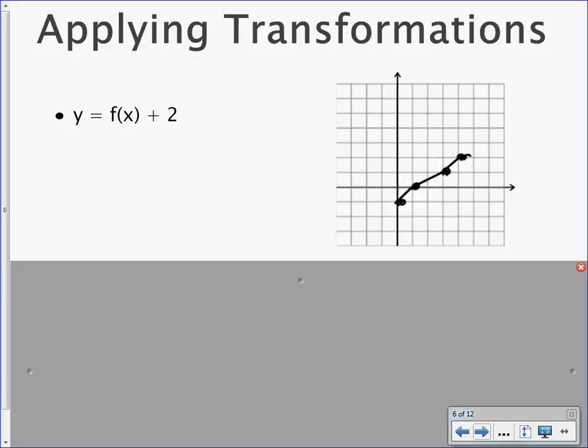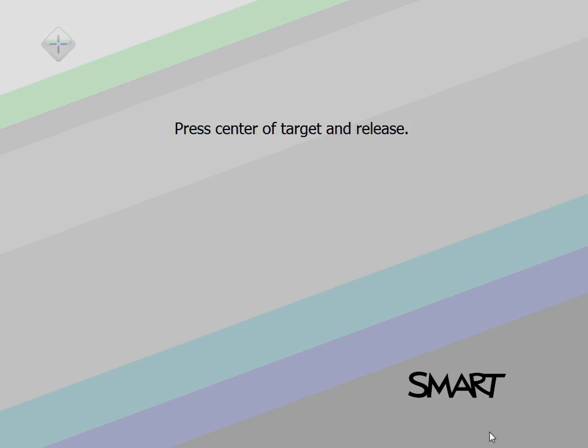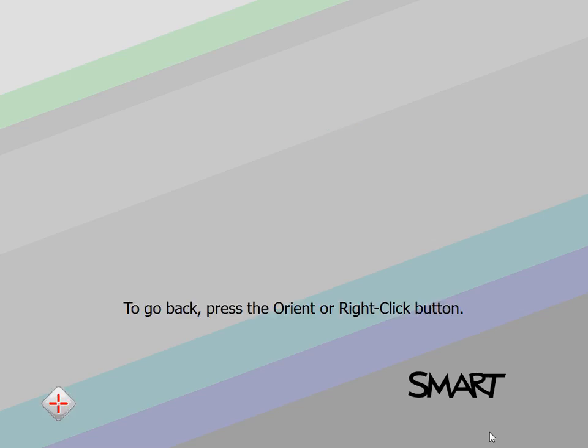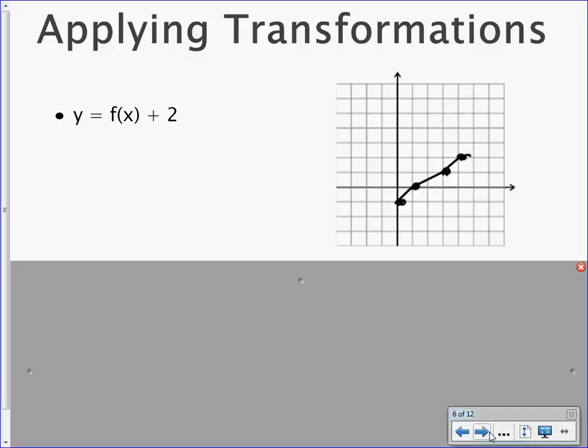Okay. F of x plus 2. What does f of x plus 2 mean? What's going to happen to our original graph? Where's it going to go? I have a left 2 and an up 2. Which one is it? Up 2.